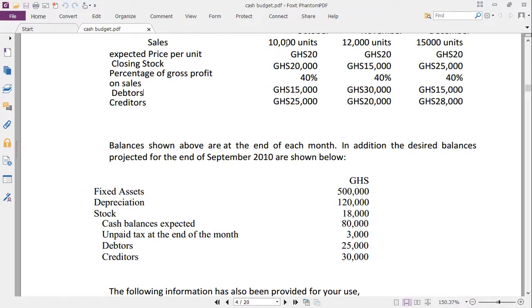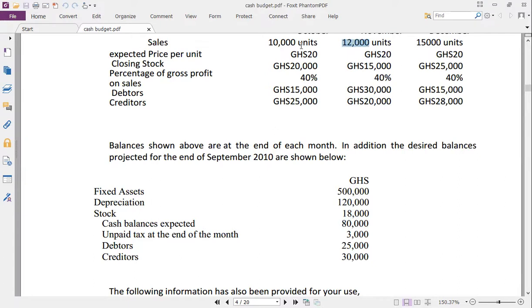Now, when we give you the units and selling price, we will also trouble you a little. From 10,000 to 12,000, it has moved by 2,000. So 2,000 out of 10,000 times 100 gives us 20%.